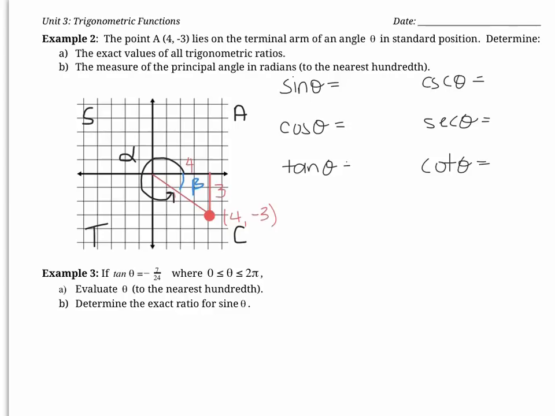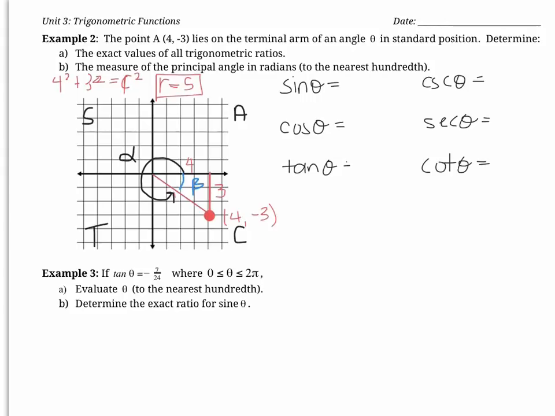So we have the opposite side, it's 3, but we don't have the hypotenuse. We can find the hypotenuse using the Pythagorean theorem. 4 squared plus 3 squared is equal to whatever our radius is squared. We can just solve that. We're going to get a radius of 5.